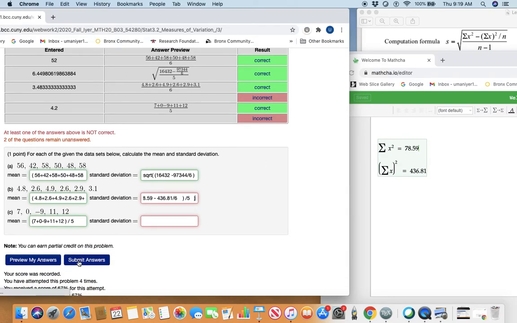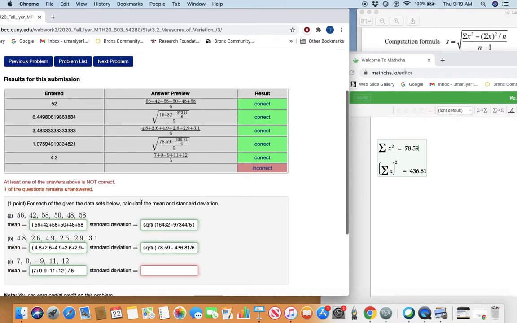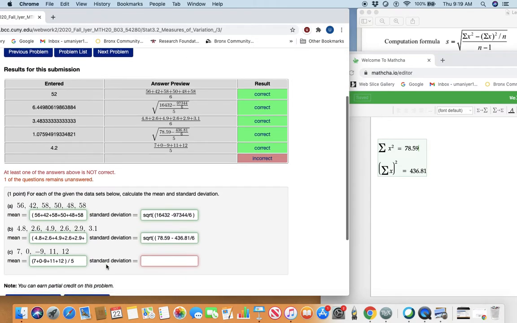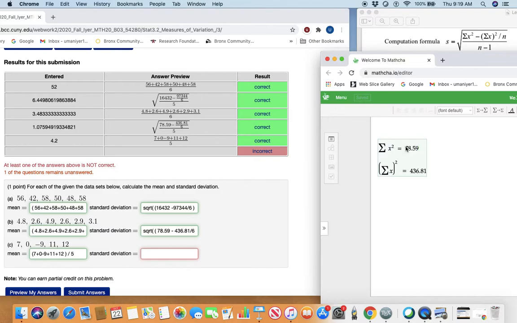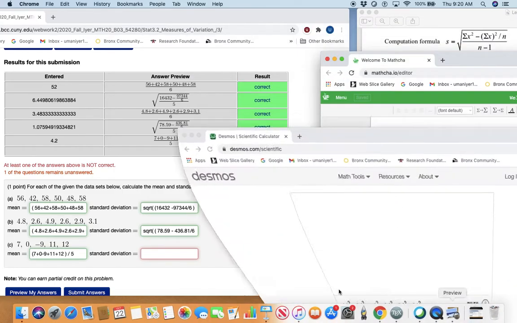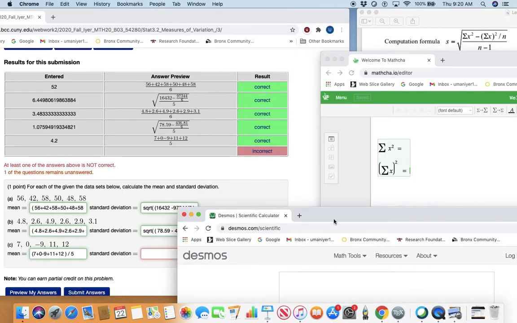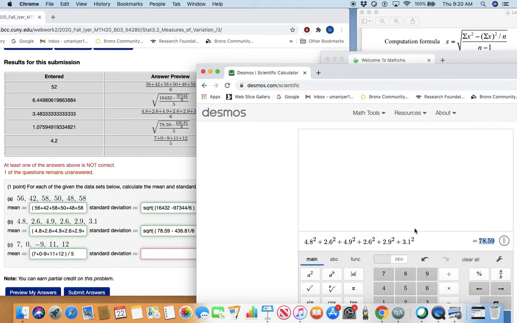Let's check. Good. So the last one here is with these numbers. So let's clean this up and let's get going. So I want to first add these numbers and square them later, right?